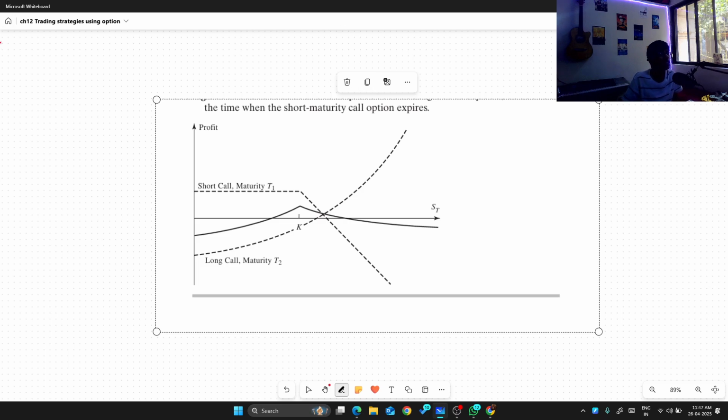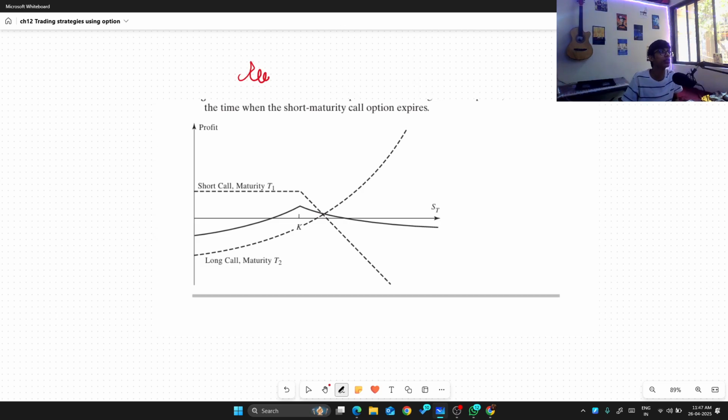And this is the payoff diagram of the calendar spread. Here we short the smaller, earlier maturity, and we are long on the later one. If the spot price is near the strike price at the earlier maturity, we will earn profit, right?